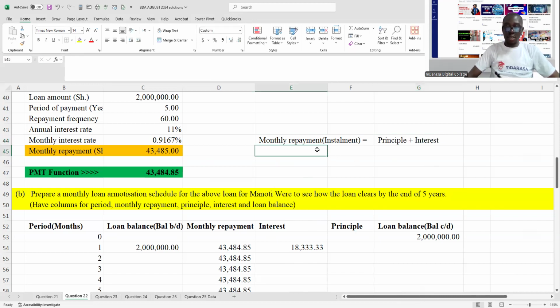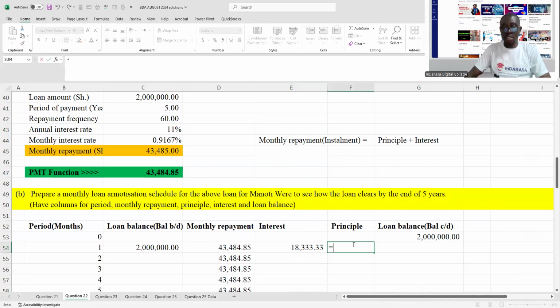This is what gives us our monthly repayment. Given that we have the monthly repayment and the interest, we can easily determine the principal, which will be my monthly repayment minus our interest.